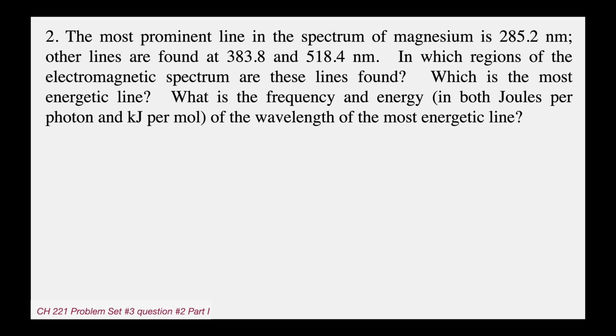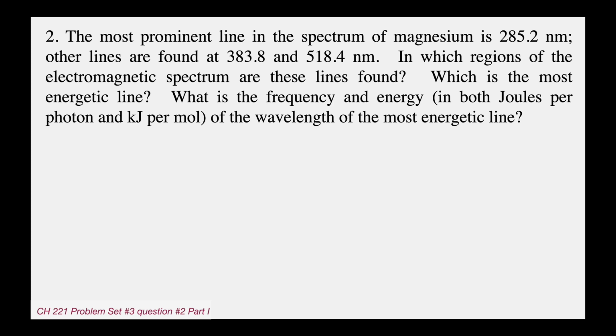Now, these are all nanometers, so these are all wavelengths, all right? And on question number 1, we saw that as wavelengths get bigger, the energy decreases. They're inversely proportional. So if we want the biggest energy, we want the smallest wavelength. So let's make a prediction that 285.2 nanometers is the highest energy. Now, it does say what region they are in.